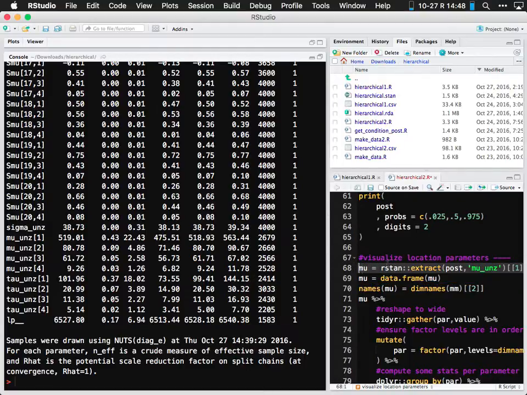To get the actual samples that these summary statistics describe, you use the extract function from the rstan package. You give it the thing that contains your posterior samples, the post object that comes out of sampling, and you also give it the name of a parameter that you want.